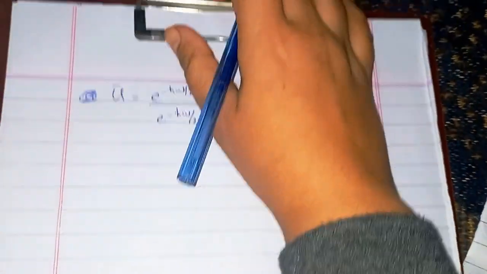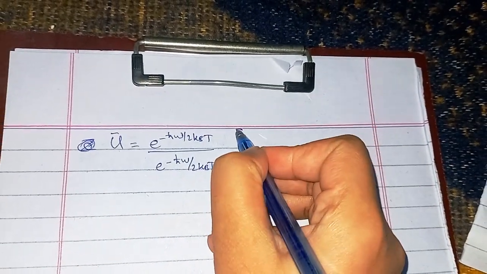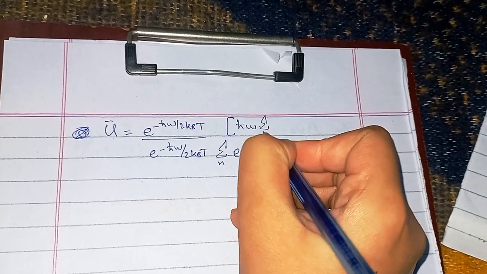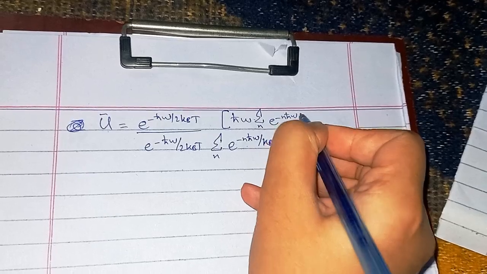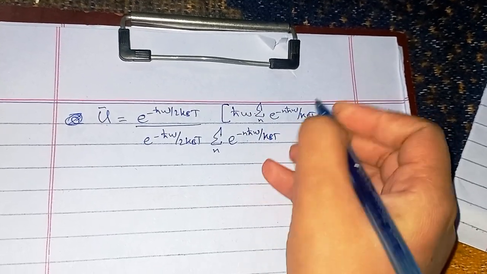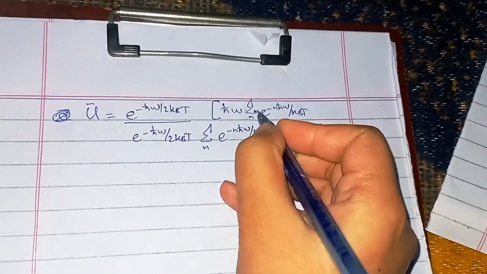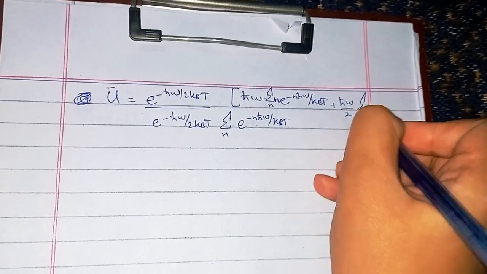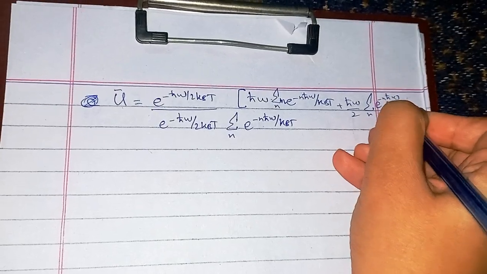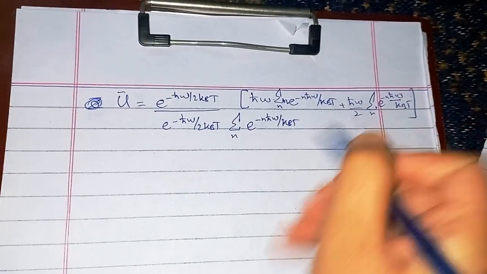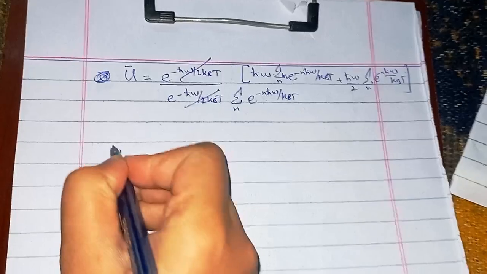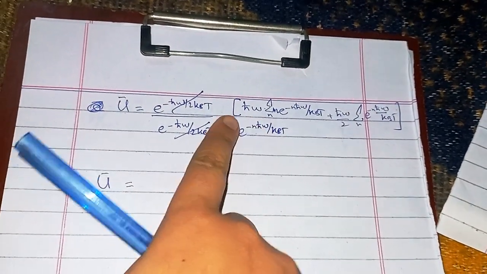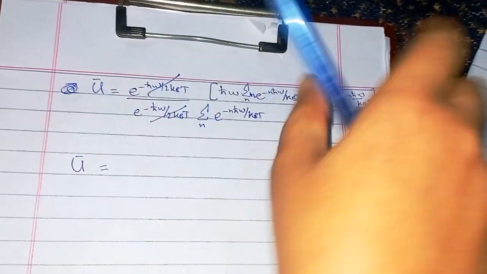That is Z. Then we have a bracket, and inside we have h cut omega summation n e to the power minus n h cut omega by kBT, with n here as well, one more n, plus h cut omega by 2 summation n e to the power minus n h cut omega by kBT. This cancels out.